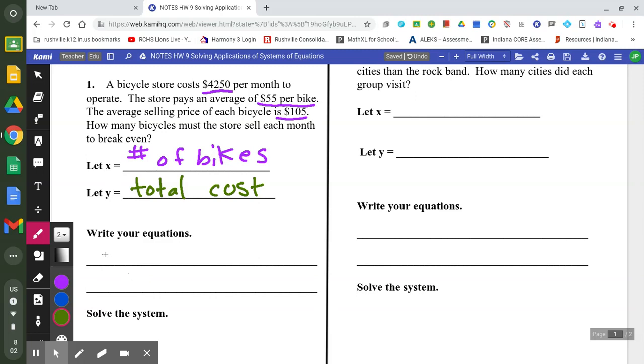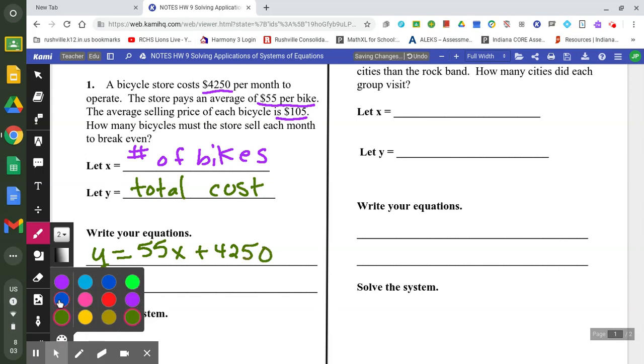So one of our equations is going to be that the total cost is, so they pay an average of $55 per bike. So 55x, so $55 per the number of bikes, plus $4,250.